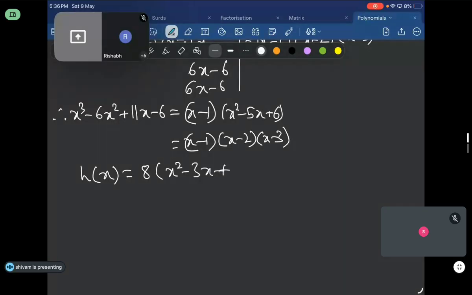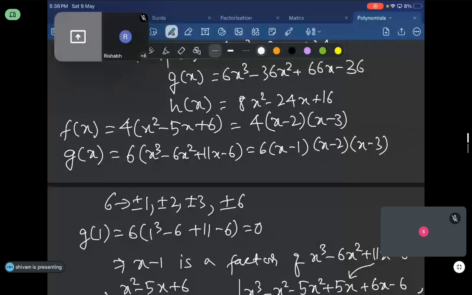We'll get 8 into x minus 1 into x minus 2, right? So first step is over. I've got h of x, I've got g of x and f of x in the factorized form. H of x will be equal to 8 into x minus 1 into x minus 2.